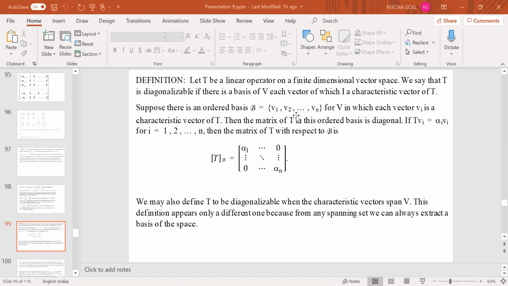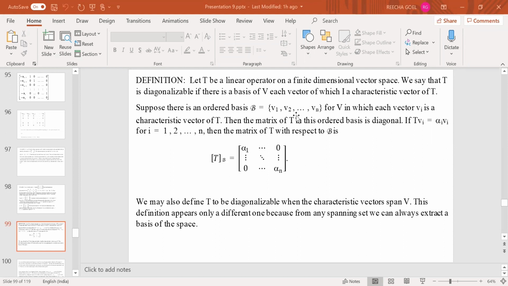They did not form a basis for the three-dimensional space, so they were not diagonalizable. This simply says that a linear operator defined on an n-dimensional vector space is going to be diagonalizable if you can find a basis consisting of characteristic vectors of the space.